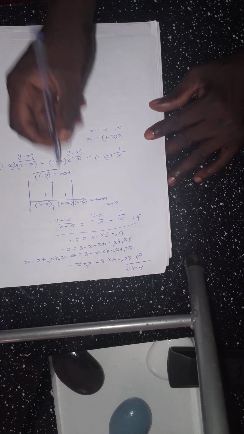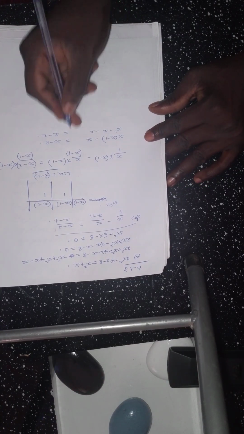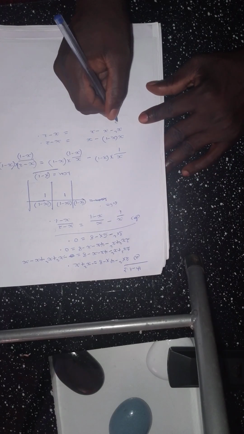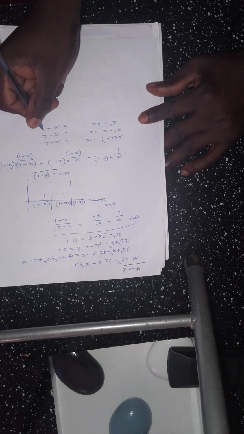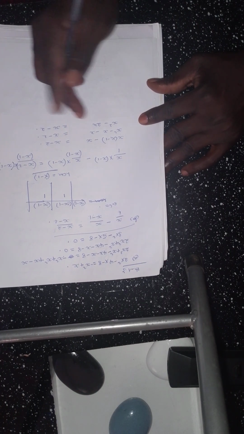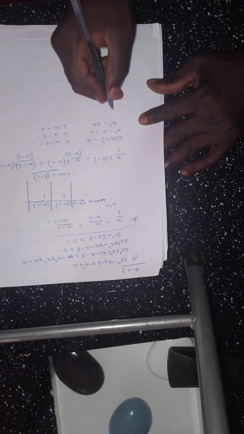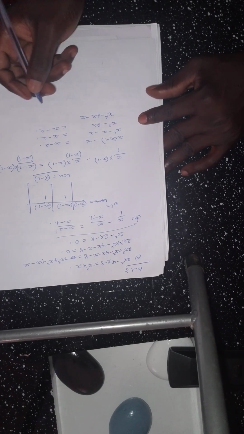We must equate everything to 0. So when this one crosses, let us first simplify this. So we shall have x squared minus 2x is equal to x minus 2. When this one crosses an equal sign, it becomes a negative because it is a positive here. So x squared minus 2x minus x.